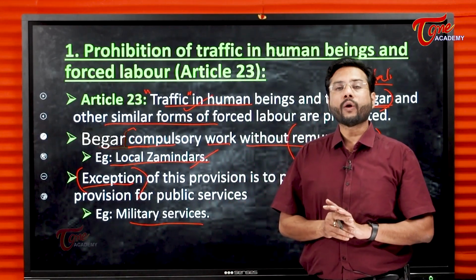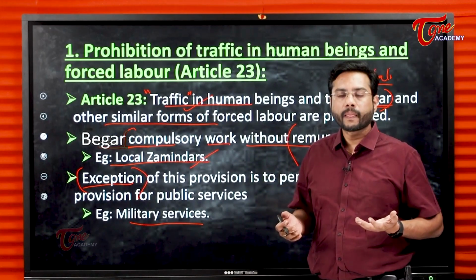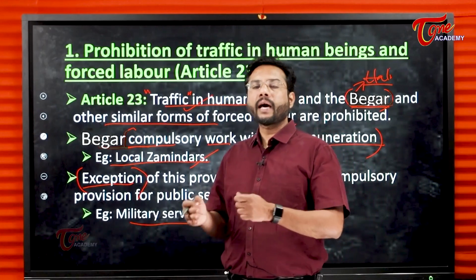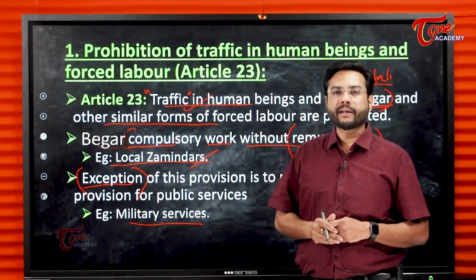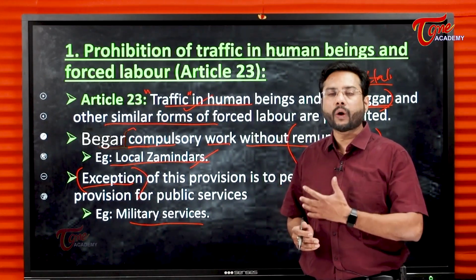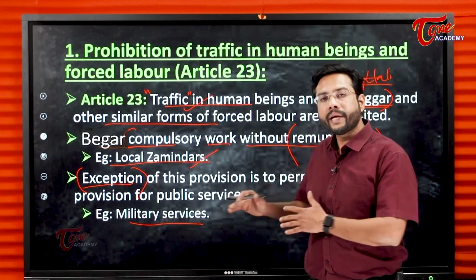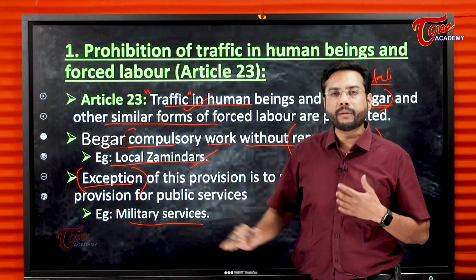So there we cannot say that the government is not paying us for this, because we are doing that for our security, for our integrity. We cannot demand remuneration or salary from the government, or the government could take the service without paying any remuneration. That is because here we are serving the nation. We are not serving any private person.